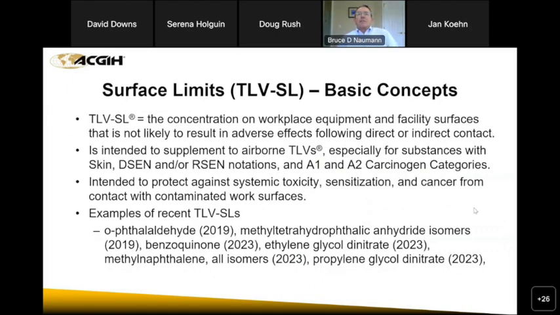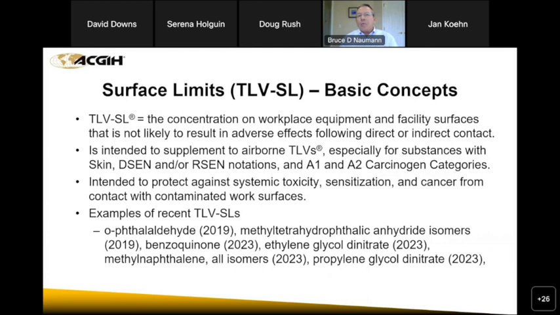So the surface limit, just like the OEL, is a concentration on workplace equipment and facility surfaces that's not likely to result in adverse effects. Same concept, following direct or indirect contact. It's really intended to supplement the airborne limit, especially for compounds that can go through the skin, so skin notation or the descent arsine.